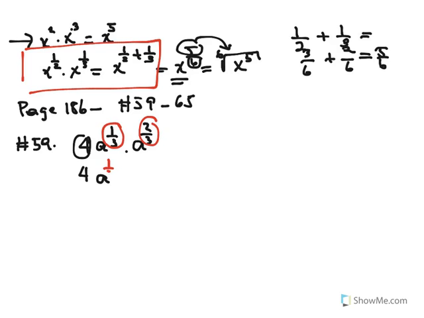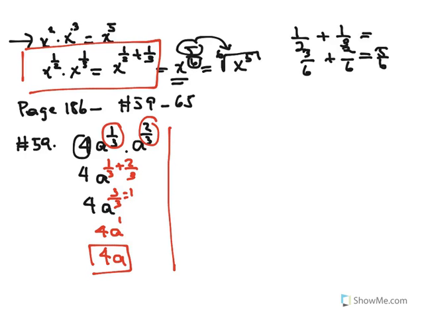So my answer here is going to be 4a to 1/3 plus 2/3 is 3/3, as you know, and 3/3 is equal to 1, right? So we will have 4a to the 1, and I don't need to write the exponent. A to the 1 is a, so I don't need to rewrite it.